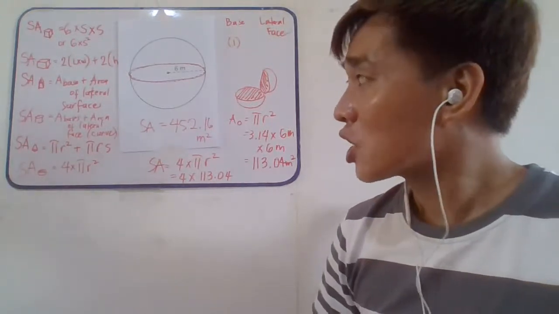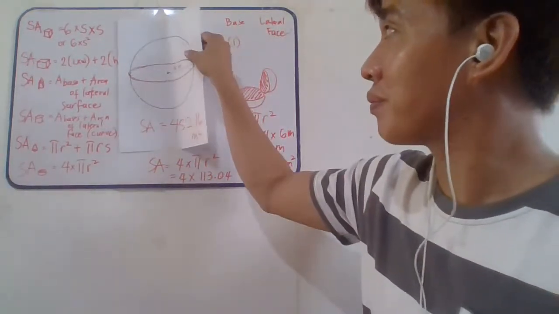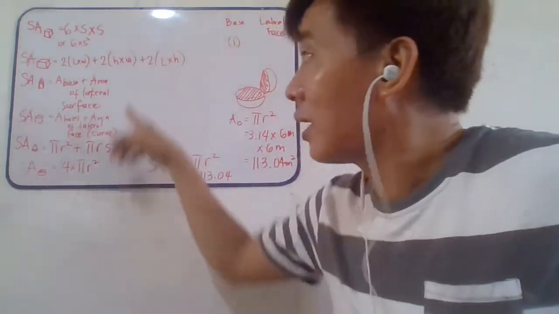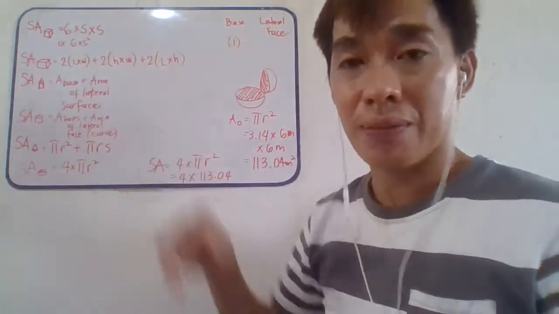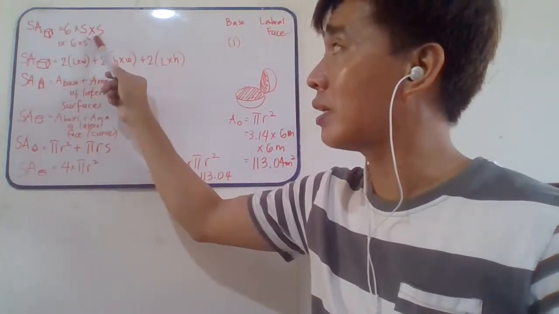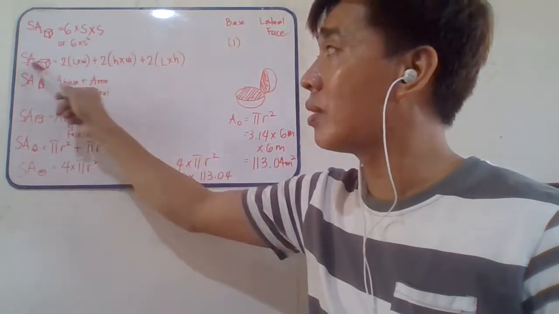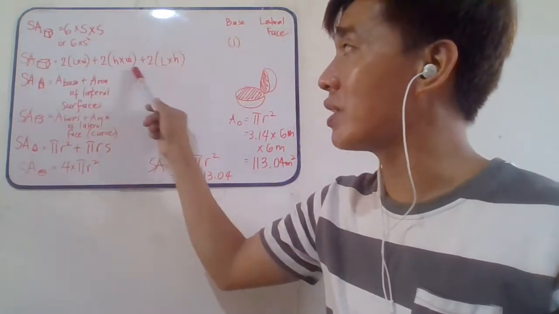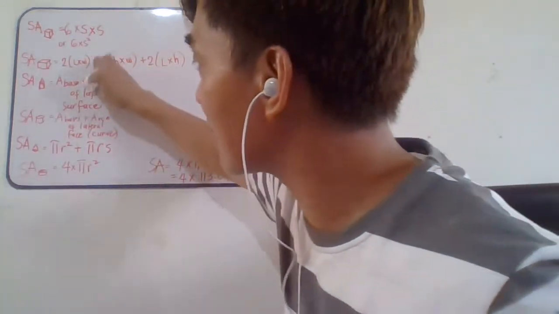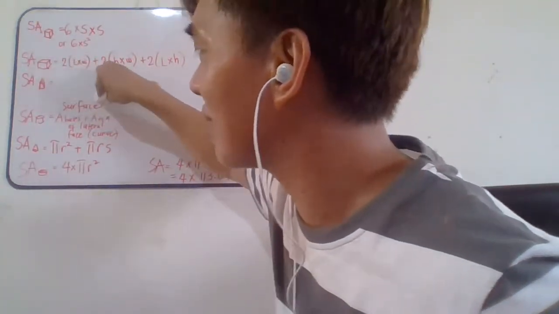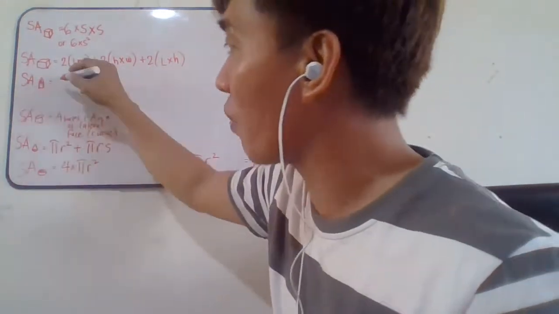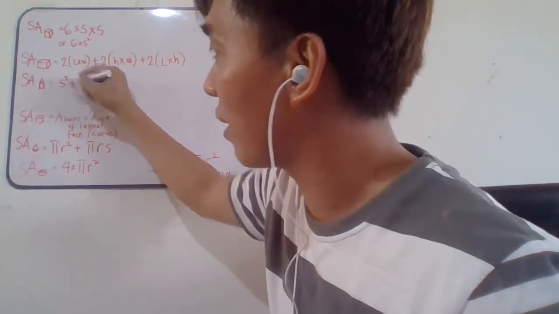So, to sum it up, here are the formulas in getting the surface area of the cube and the rectangular prism, the triangular prism, and the square prism. For a pyramid with a square base, the area of the base is side squared.